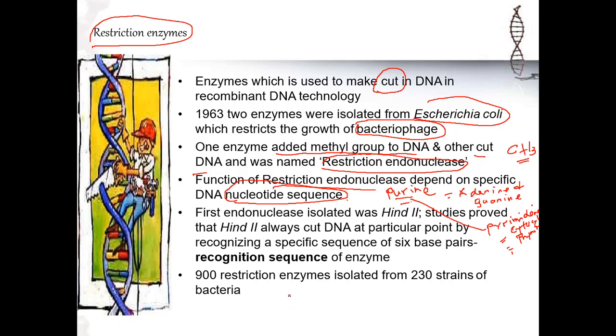For example, in an RNA, ang purine dyan, mayroon siyang, of course, adenine and guanine.